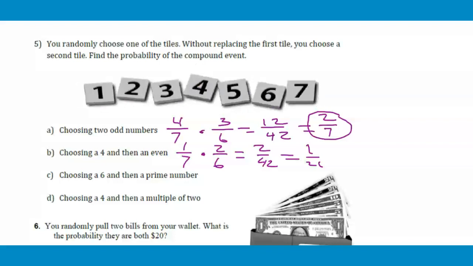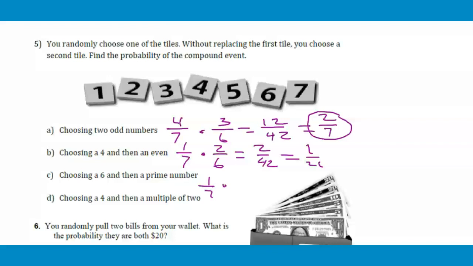All right, choosing a 6 and then a prime number. All right, choosing a 6, there's only one way out of 7 to do that. Prime numbers are numbers that are only divisible by 1 and themselves. 1 is not a prime number. So 2 is a prime number, 3 is a prime number, 5 is a prime number, 7 is a prime number here.